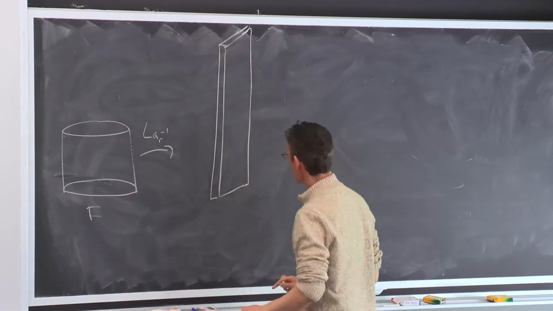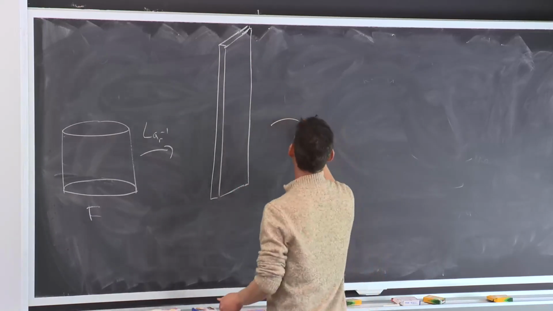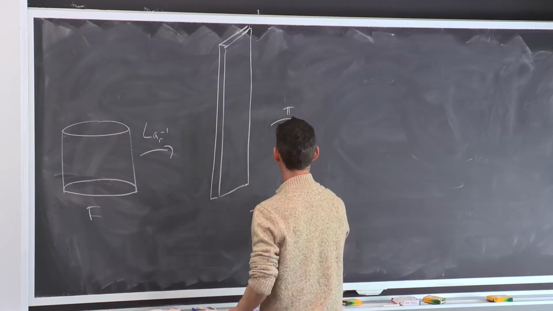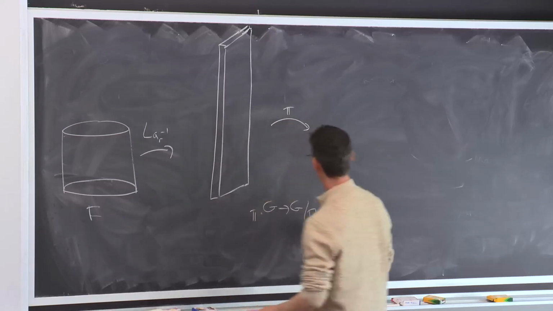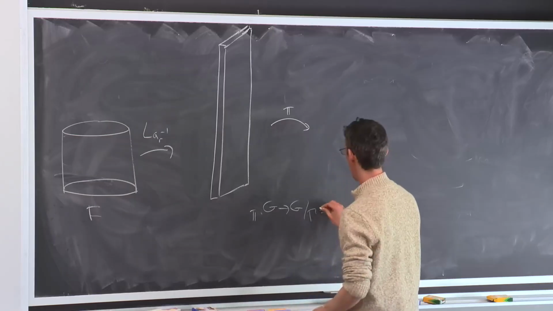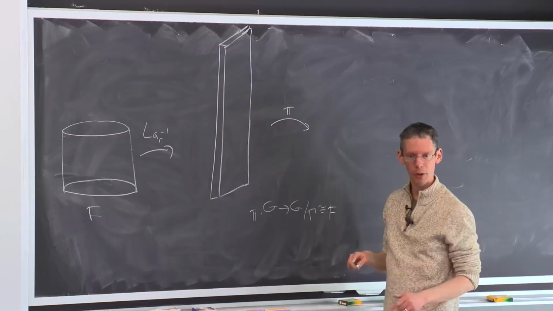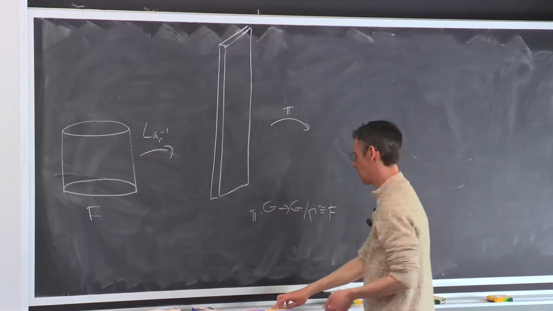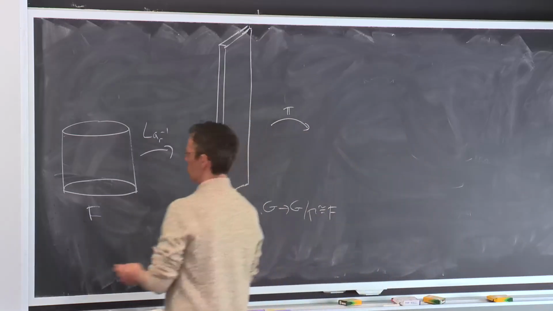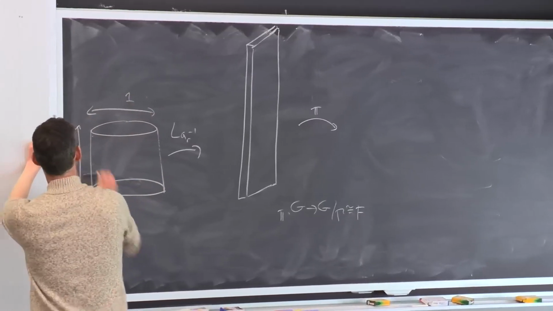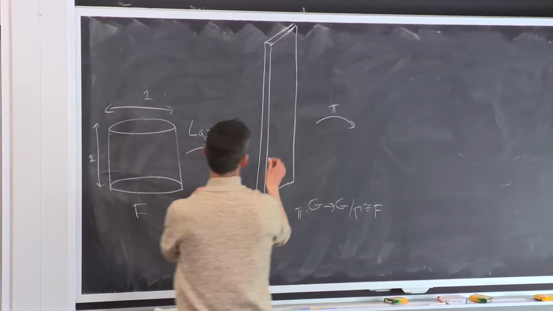OK. Anyway, then that is going to get mapped back into our domain. So pi is the projection from G to G mod gamma, which G mod gamma will identify with our fundamental domain. So this thing is going to get mapped back into the fundamental domain. What does that look like? So the fundamental domain is kind of sort of a unit cube. But this thing is way taller than a unit cube.